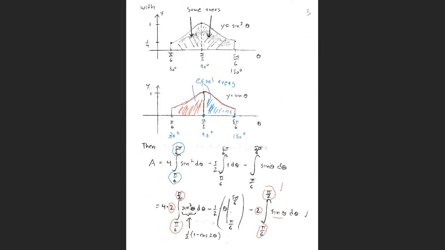You don't have to do this. You could work with the limits of pi over 6 and 5 pi over 6 and still get the right answer. But using symmetry, when you can use it, can make your life easier.